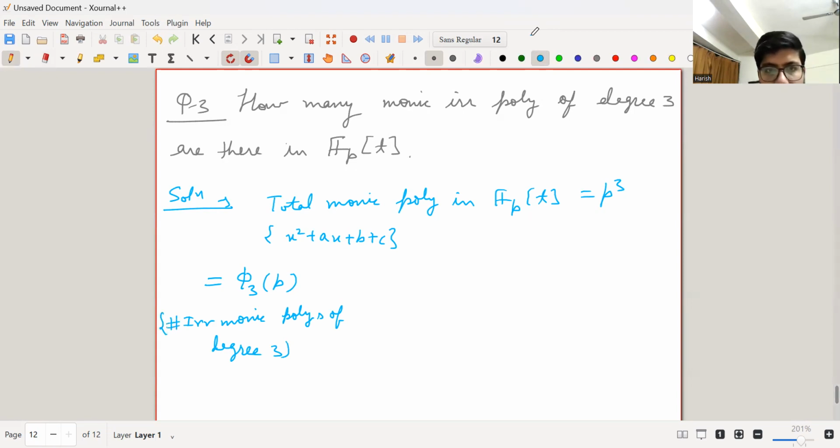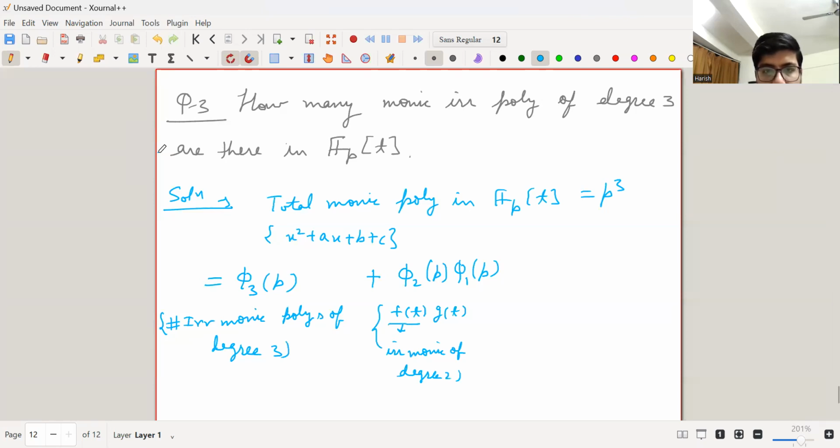Plus you may have your polynomial be a product of an irreducible polynomial of degree 2 and a linear polynomial, f(t) times g(t), where f is irreducible monic of degree 2 and g(t) is a linear factor. So the count is phi 2 of p times phi 1 of p.